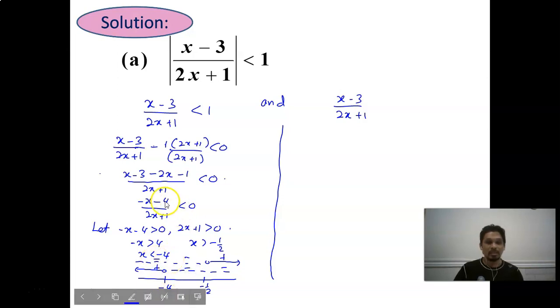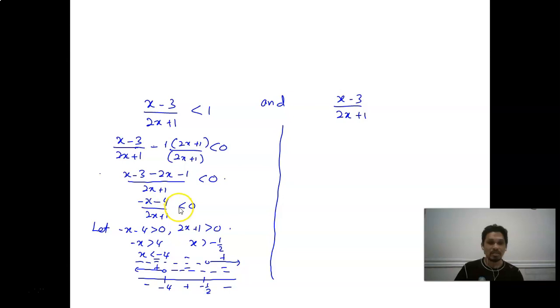So one value, either positive or negative, divided by another value that is either positive or negative. So negative divided by positive, negative. Negative divided by negative, positive. Positive divided by negative, negative. And this one is less than 0.